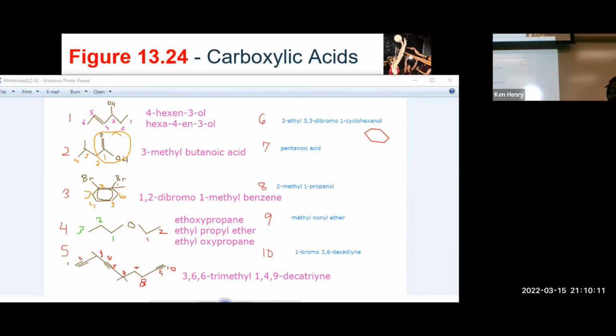Okay, so on the first carbon, there should be a what? Because it's 1-cyclohexanol, an OH. That's right. So there should be an OH. Isn't that what you said? Or am I just putting words in your mouth?